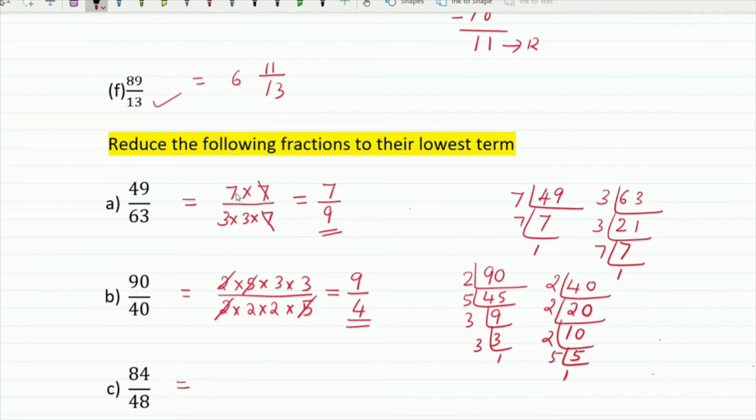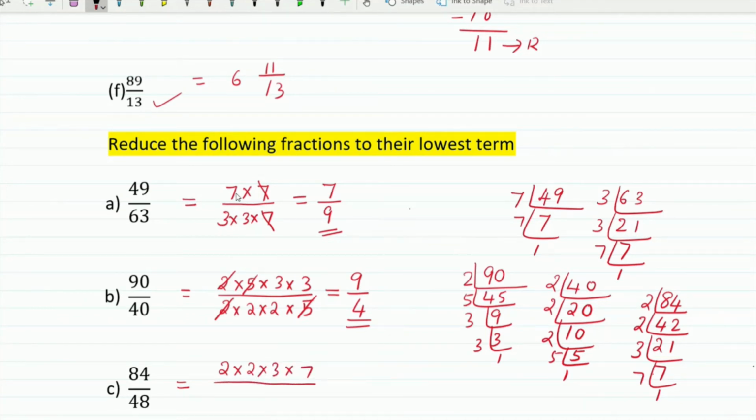These are all very important topics, and for higher classes also we will apply all these concepts, so please learn it thoroughly. Now we do the prime factorization of 84. 2 table: 2 4s are 8, 2 2s are 4, again 2 table 21, again 3 table 7, again 7 table 1. So we can write 84 as a product of primes 2 into 2 into 3 into 7.